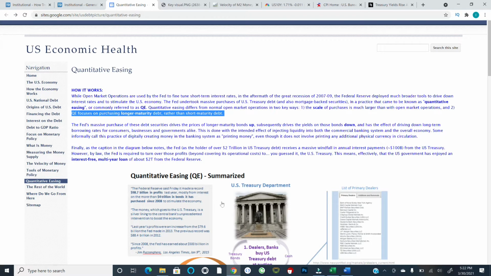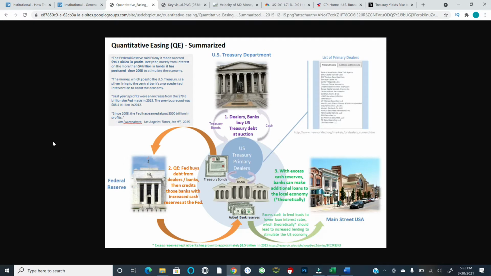And in terms of the actual mechanics, let's click into this very helpful diagram. I think this captures it well without losing a ton of nuance. In the last section of this video, we were talking about the Treasury issuing Treasury debt at auction, right? And so that's what's happening. The different institutions, these primary dealers, which can be banks and other entities, are exchanging cash for the debt from the Treasury.